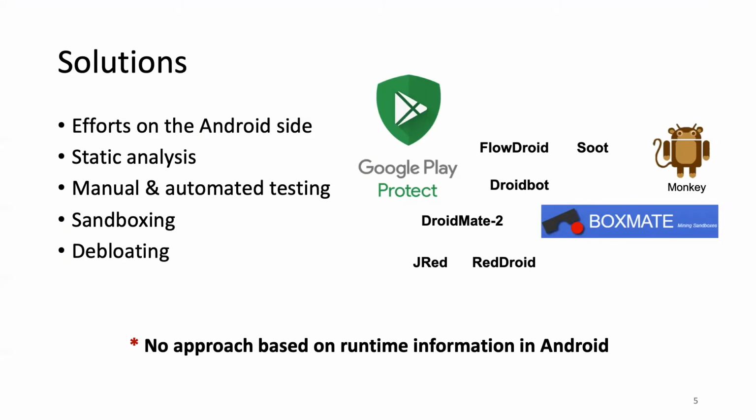And the new emergent field in software engineering is called debloating, which suggests removing the not used code. One of the advantages of this approach is also the optimization of the application because it becomes smaller. However, there is no approach based on runtime information for Android which could remove not executed code or not used code.